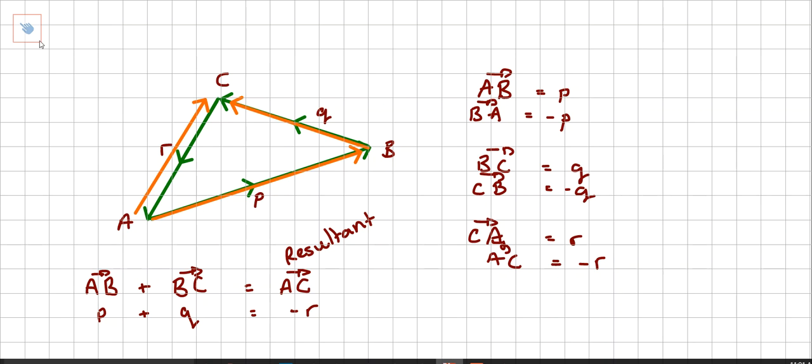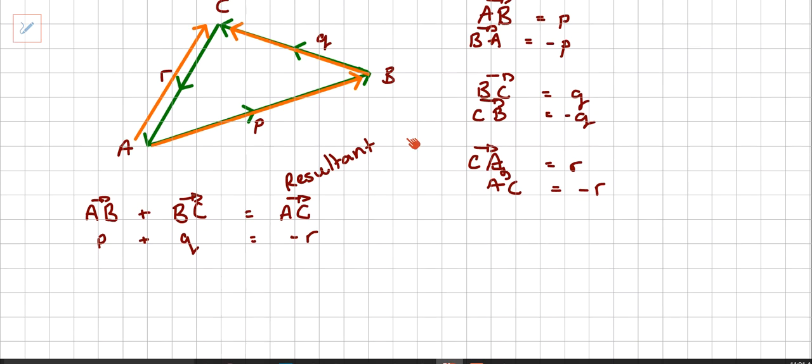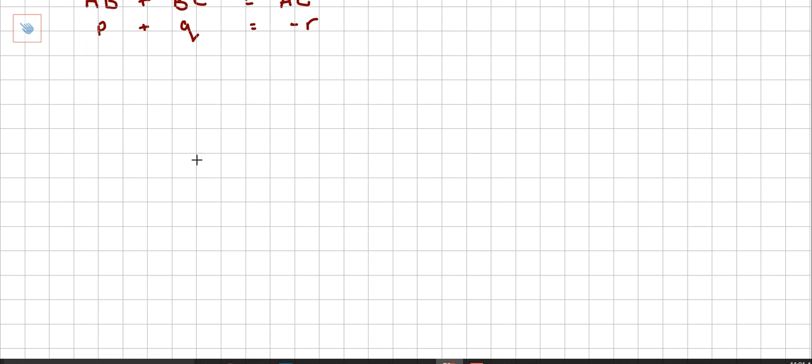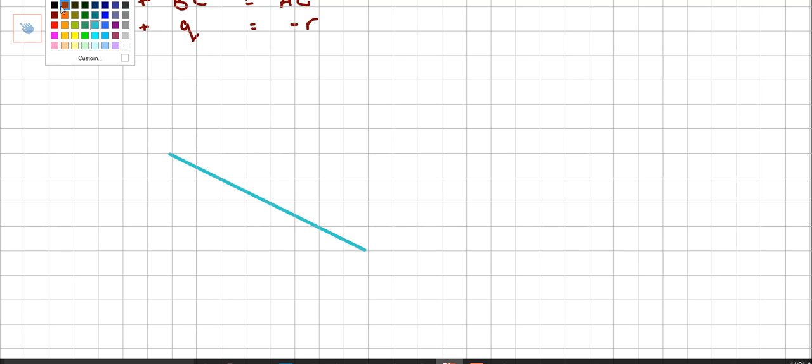Just to help you apply this, you may well have seen this diagram before. I want to apply it to your physics for those of you that are doing it. This is a box on a slope.